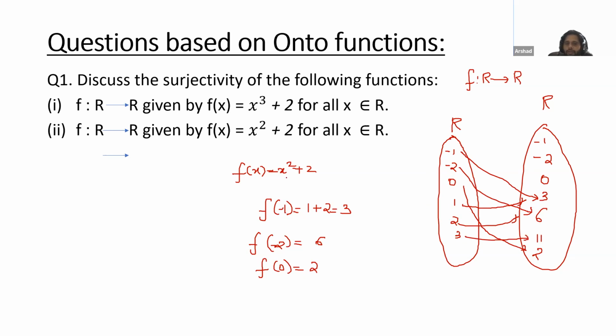Now please check here. This function is x squared plus 2. I can't write all the real numbers, I've just written some examples.